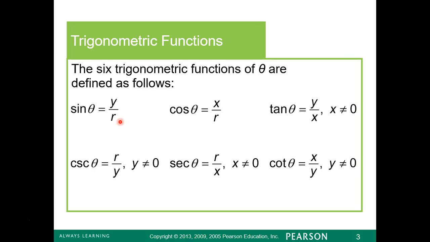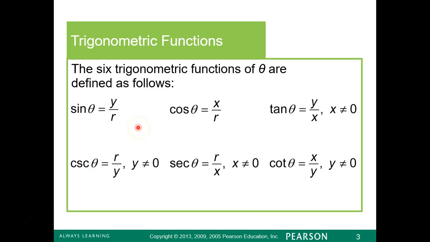Normally you hear sine of your angle is equal to opposite over hypotenuse, cosine is adjacent over hypotenuse, and tangent is opposite over adjacent. Here, these are very similar. If you go back and look at the triangle on the previous slide, you would see that these values of y and r and x and r match up to those definitions.